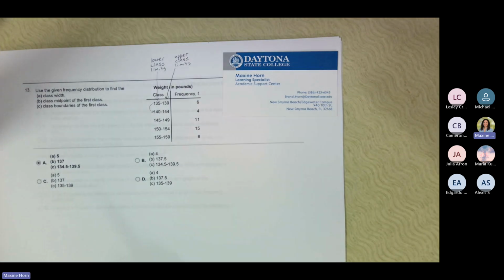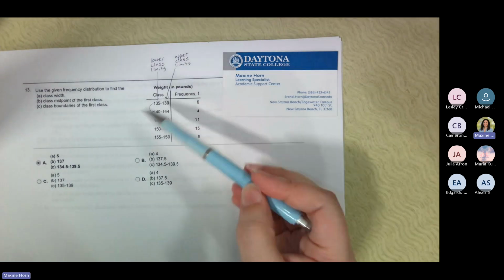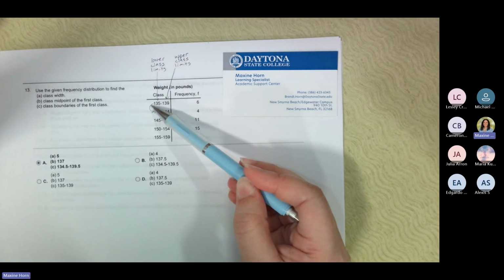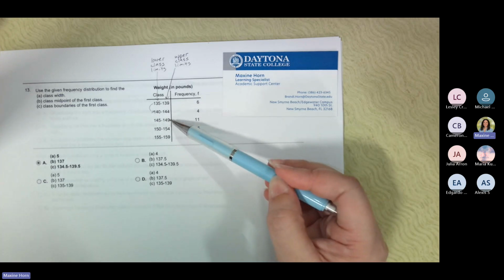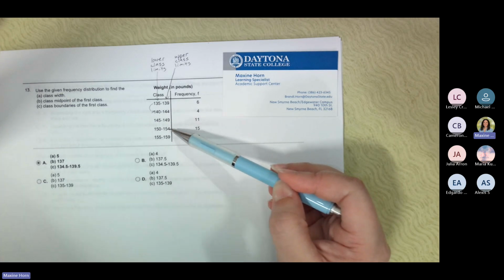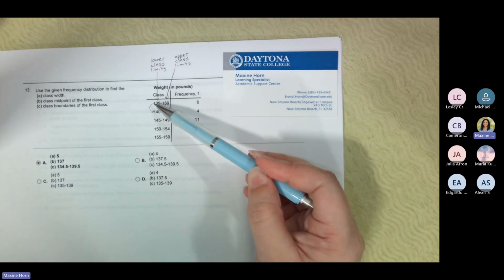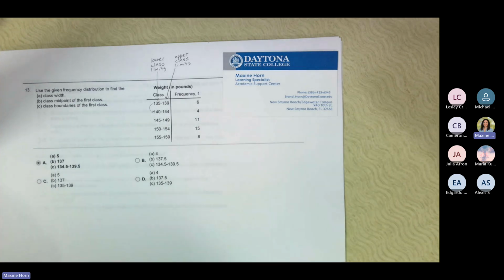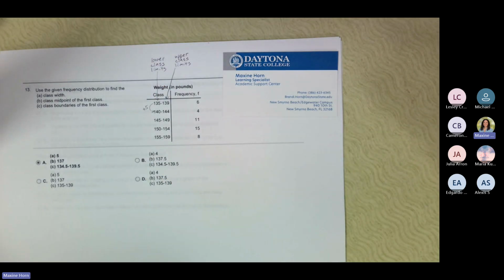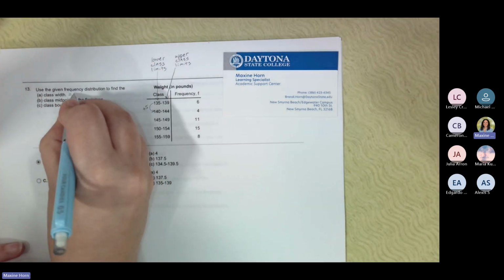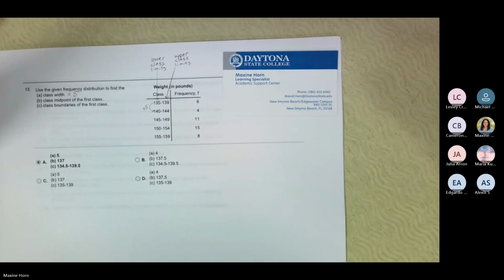Okay, so your class width is how much you have to go to get from one lower class limit to the next lower class limit, or from one upper class limit to the next upper class limit. So what did I have to add to 135 to get to 140? I had to add 5. So that's going to be my class width, is 5.